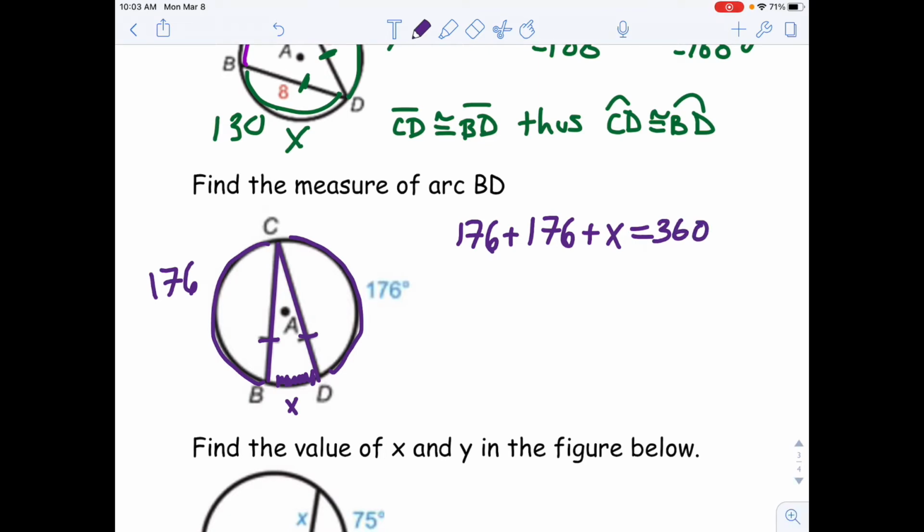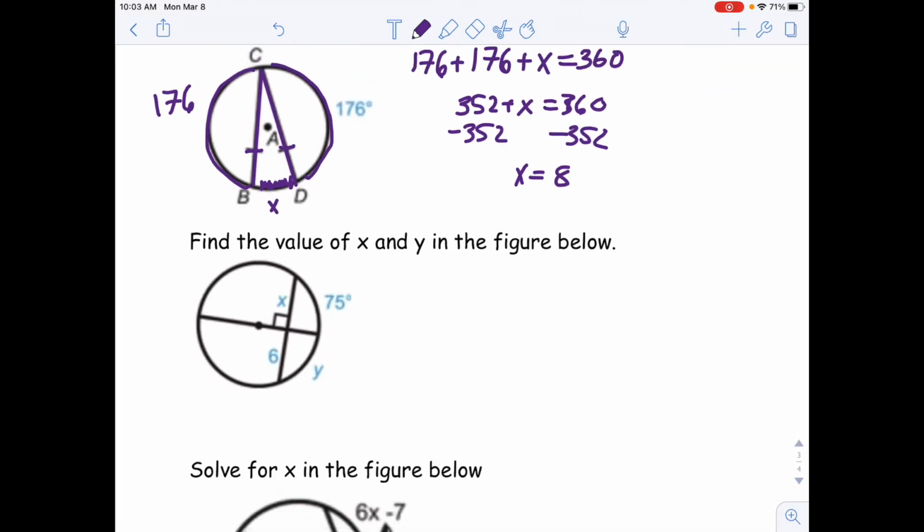That's the punchline right there. 176 plus 176 is 352, so 352 plus X equals 360. Subtract 352 from both sides. X equals 8.